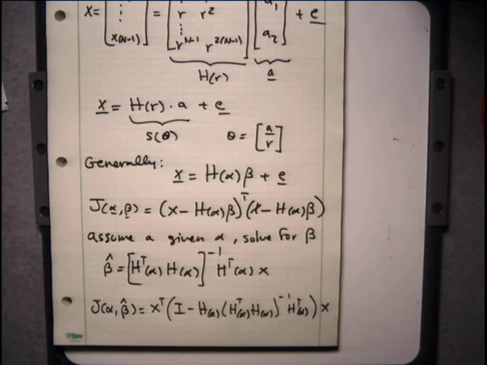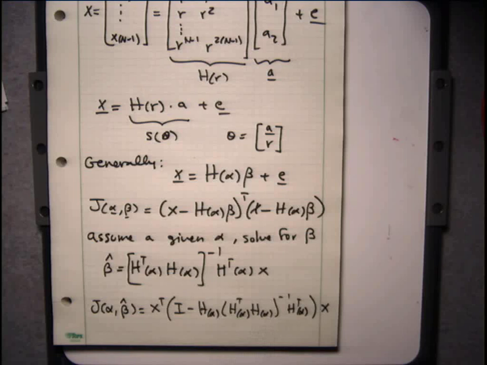Now this ought to look a little bit familiar. If you remember when we talked about projection matrices, this term here is in fact the projection matrix, and I minus that is the complementary projection.